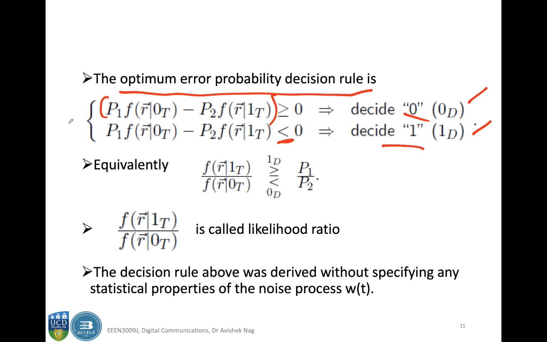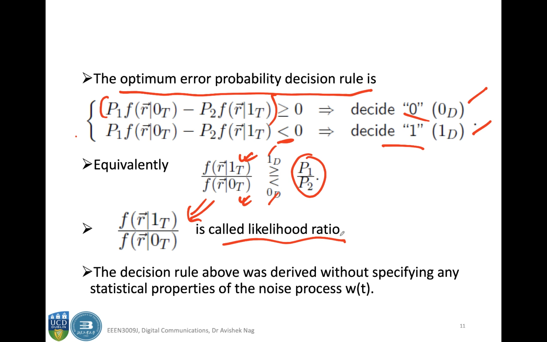So you can write this equivalently as a ratio of the two conditional densities. If this is greater than or equal to p1 over p2, then you decide 1, or otherwise you decide 0. And this ratio is called the likelihood ratio.